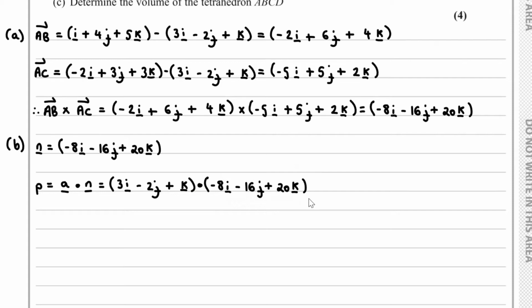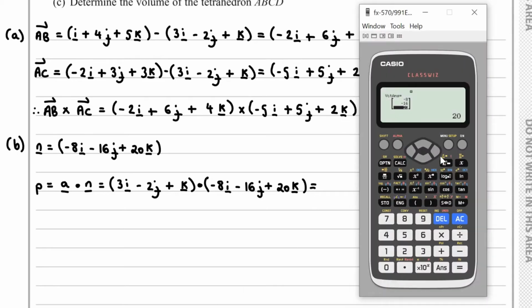If we find the dot product of these vectors, we have 3 times minus 8, plus minus 2 times minus 16, plus 1 times 20. It turns out here we get 28.